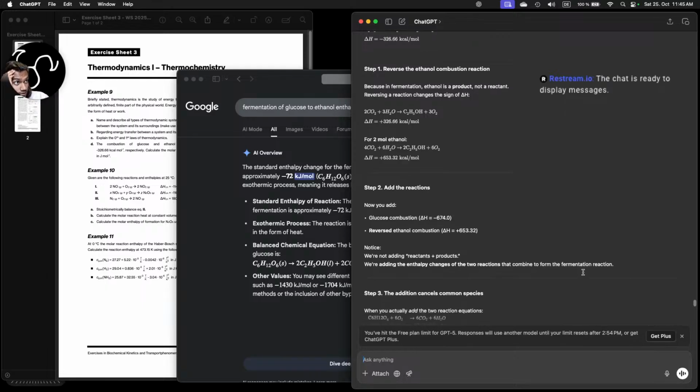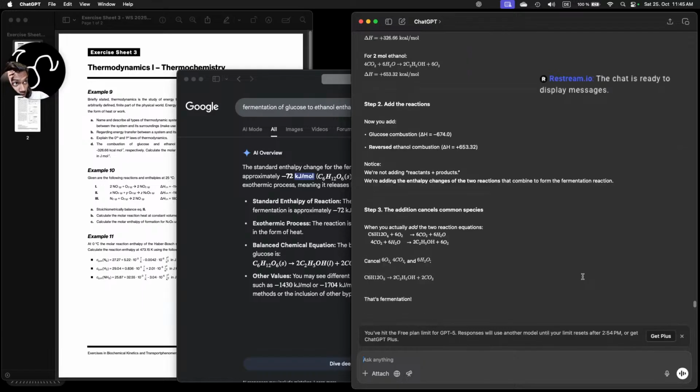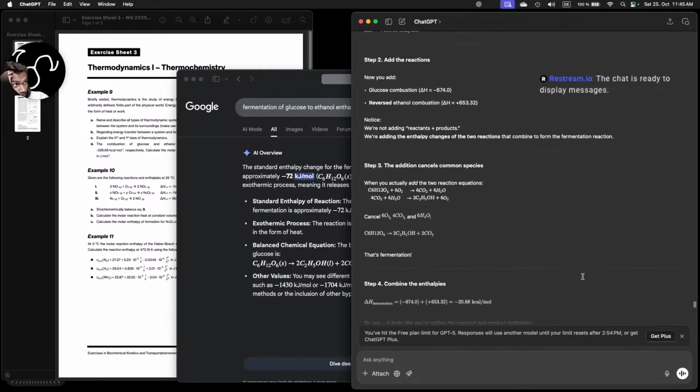The addition cancels common species. Yeah, that is correct. Now, that's fermentation. Combine the enthalpies.